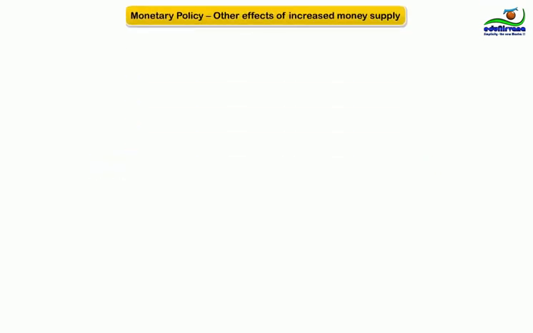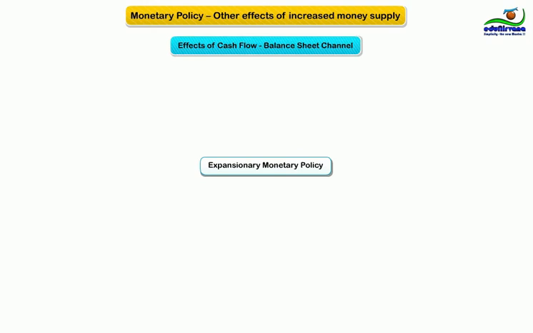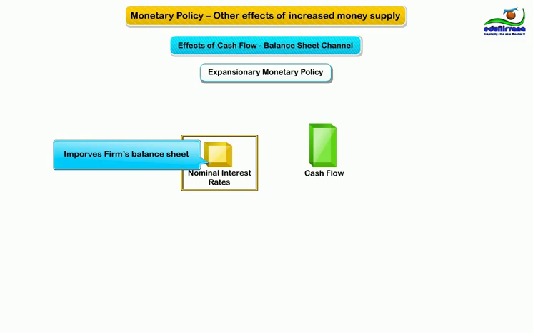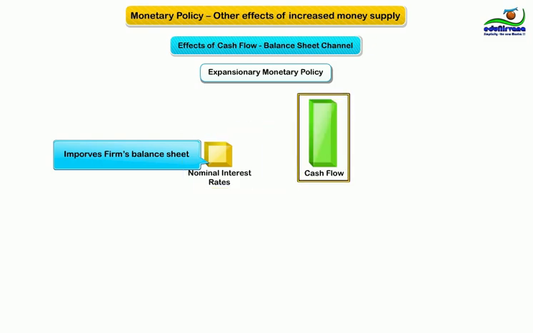Another balance sheet channel operates through its effects on cash flow, the difference between cash receipts and cash expenditures. Expansionary monetary policy, which lowers nominal interest rates, also causes an improvement in firms' balance sheets because it raises cash flow.